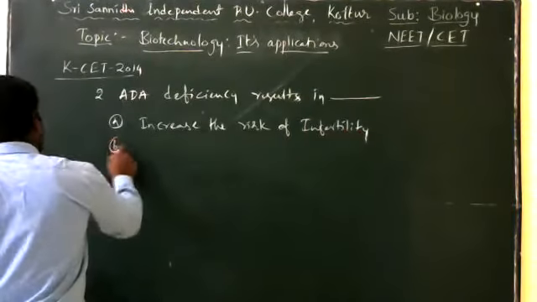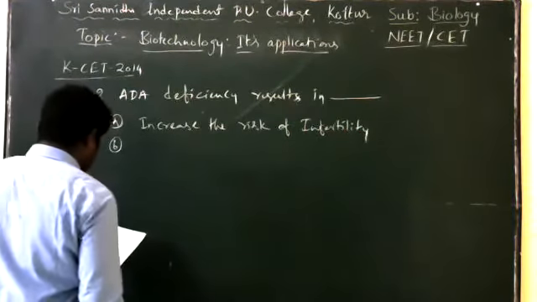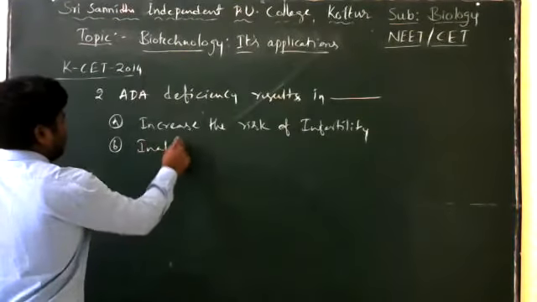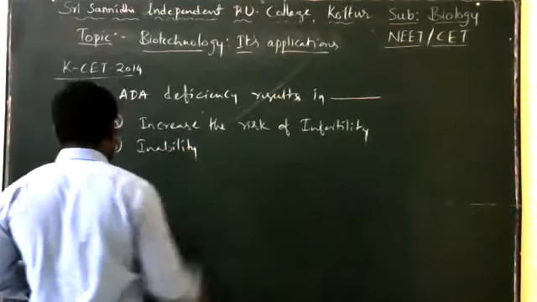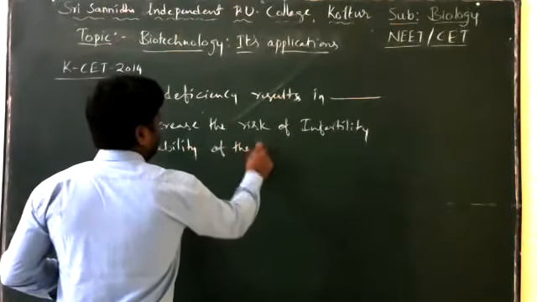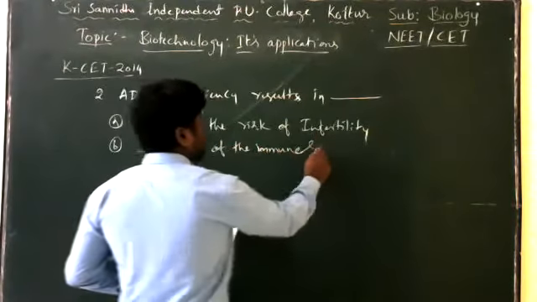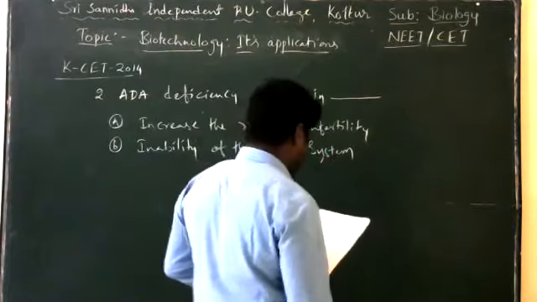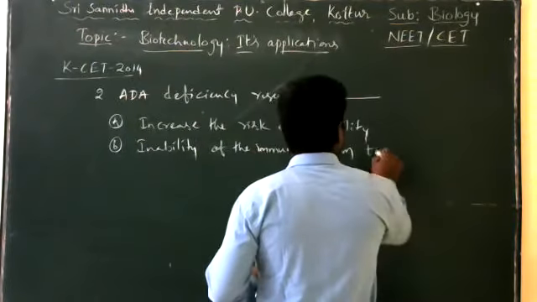Next, B, inability of the immune system to function normally.